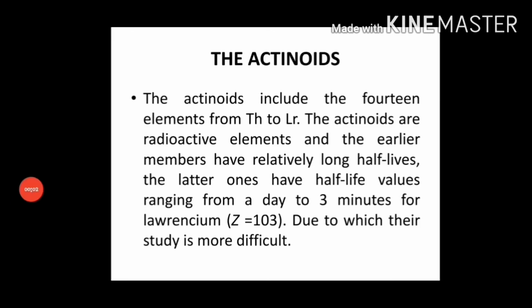The series of elements involving the filling of 5f orbitals is called actinoid series, and the actinoids include the 14 elements from thorium to lawrencium.